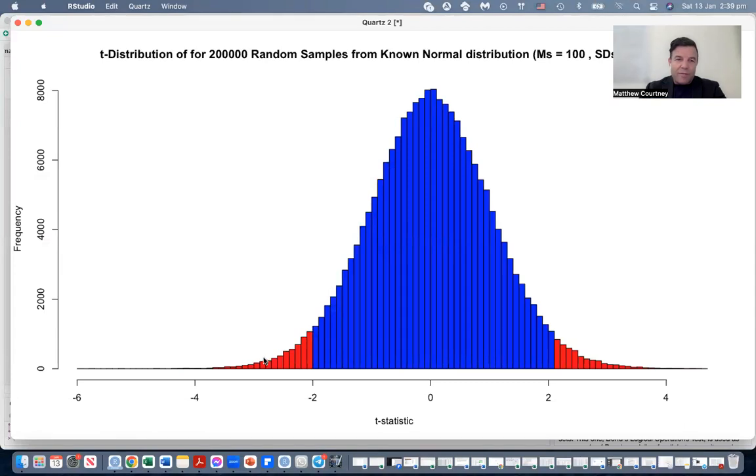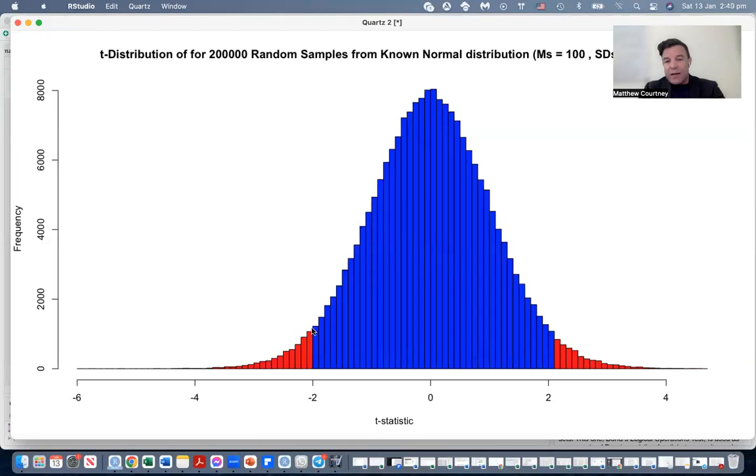All right, so here we have the t-distribution of possible results. Now, you can see that I've put in the 95% confidence intervals. This is the upper 95% confidence interval. This is the lower 95% confidence interval.